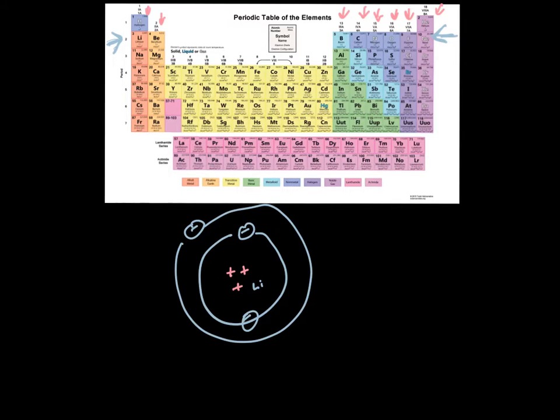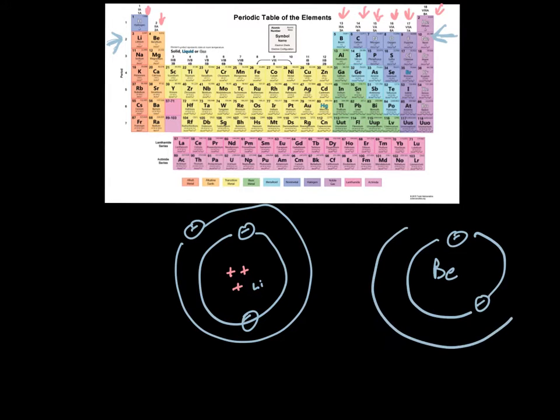Now the next one is what? Beryllium, Be. So it's going to have 2, right, in the first energy level, and then the second energy level it's going to have how many? It has an atomic number of 4. How many, and this is a key question, we're talking about the neutral form, not the ions, but the neutral form of these.